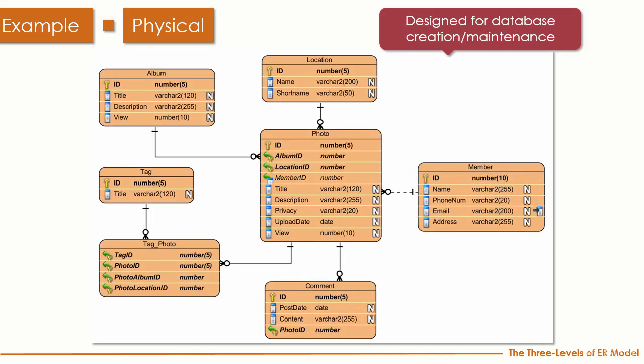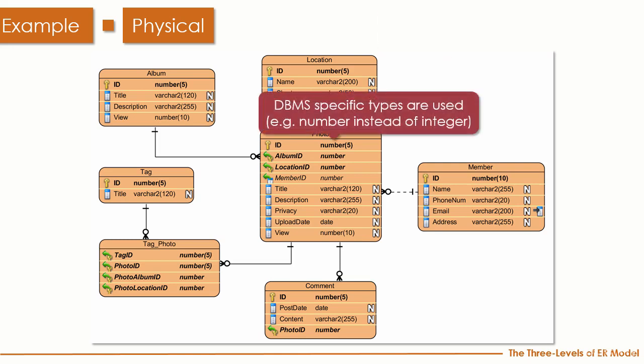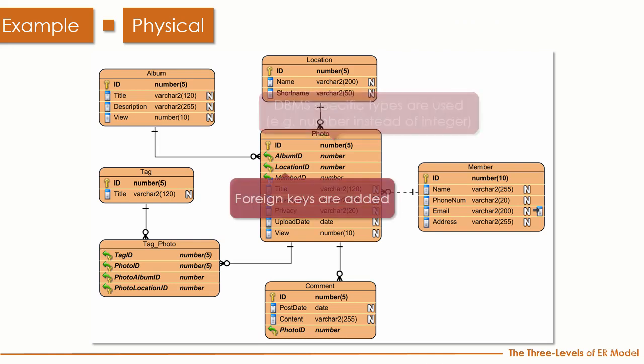In the physical database, which is for creating and maintaining the database in the long term, we will change to use database-specific types. Like if we were using Oracle, we will use number instead of integer. And the foreign keys are added.